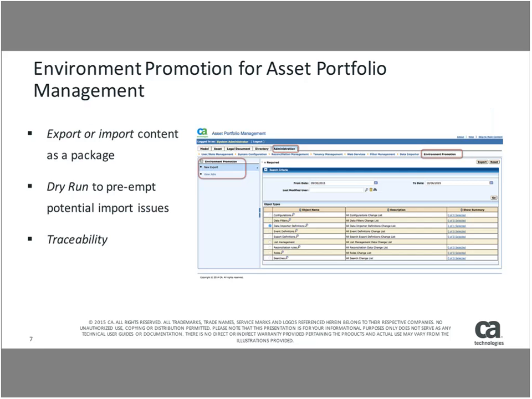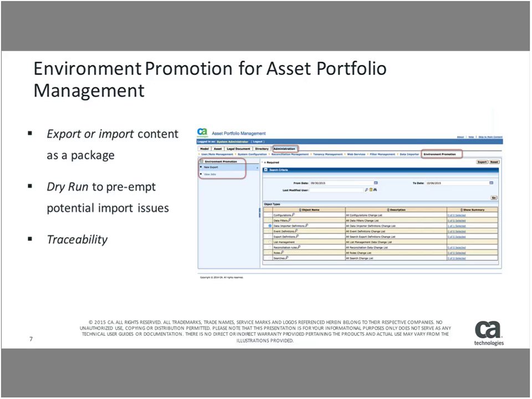Now, on the IT asset manager side, asset portfolio management would also have environment promotion capability through this release, and the functionality would be available under administration, environment promotion. The only difference is that since asset portfolio management does not have a file-based customization approach, everything is available through the UI.